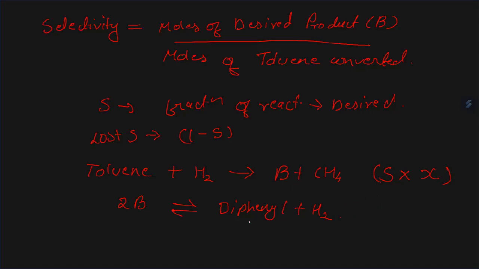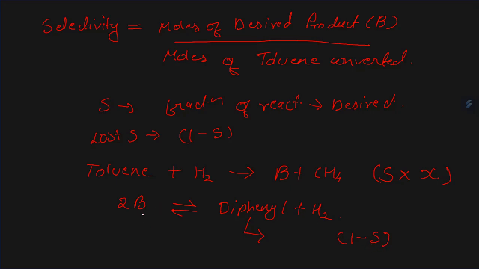Now similarly, how to write diphenyl? Moles of toluene which got converted on the basis of benzene, which is a loss in selectivity, was 1 minus S. This is what is actually converted into diphenyl finally.